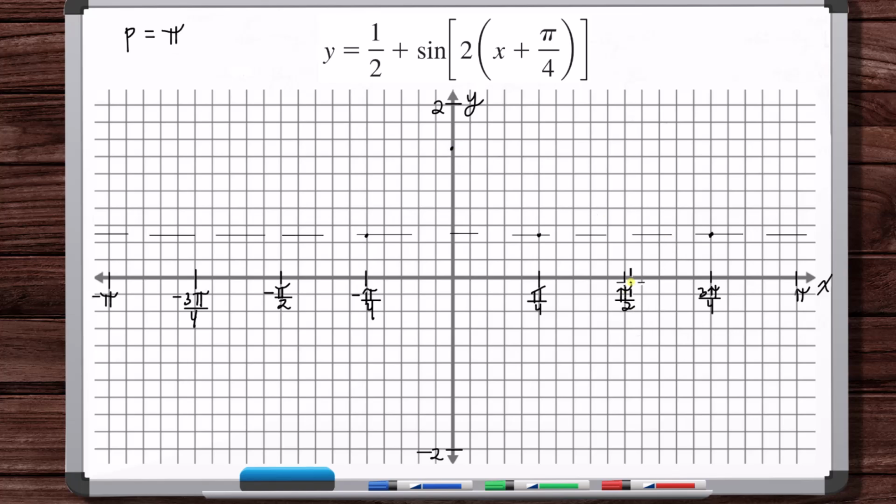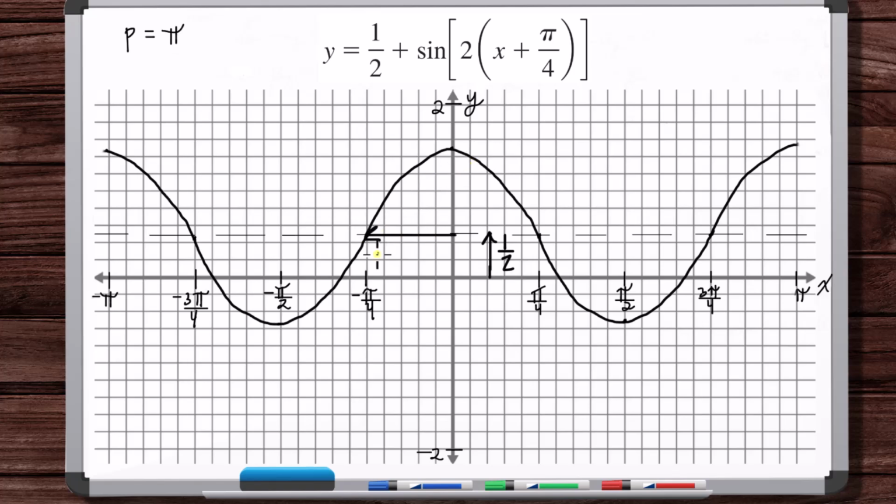And then at the 3/4 point, we're going to go down 0.2, 0.4, 0.6, 0.8 to 1. Down 1 to whatever this is. There we go. And there's the curve. Here it's been shifted up 1/2, and then the phase shift is we went from here to here.